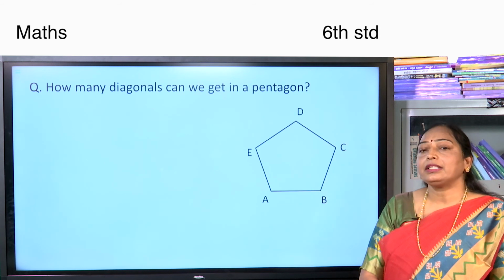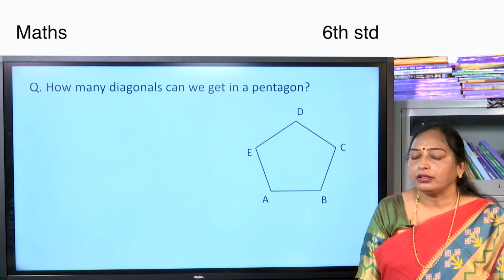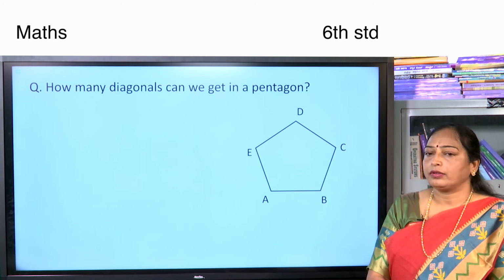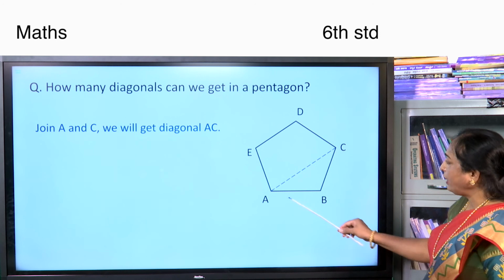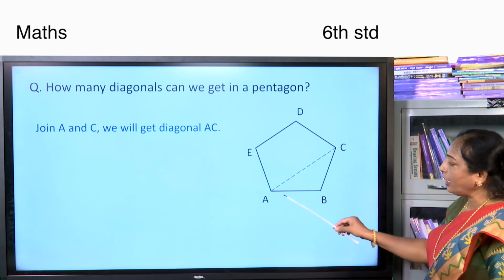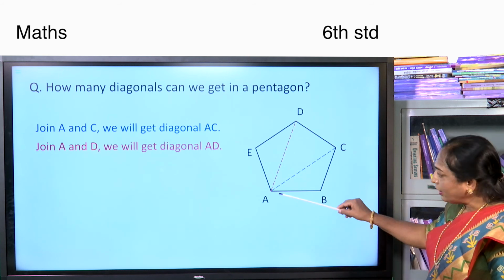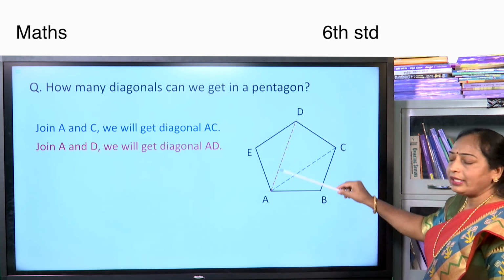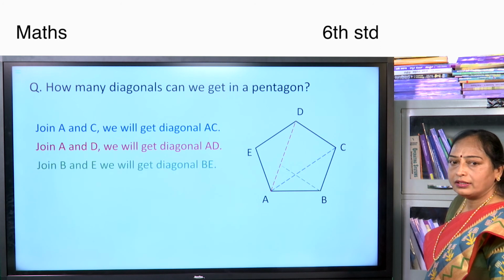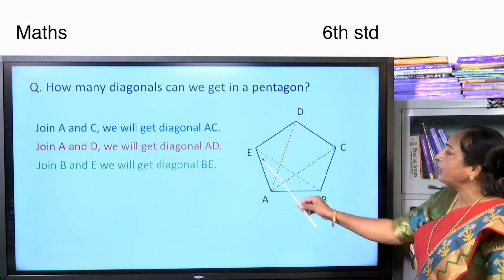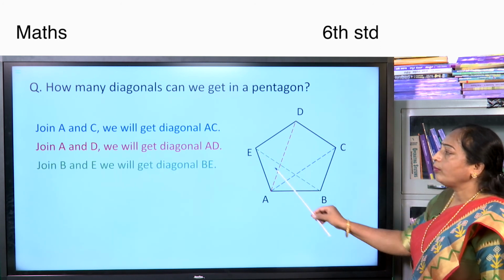How many diagonals can we get in a pentagon? Let's see now. Join A and C, we will get the diagonal AC. Next, join A and D, we will get the diagonal AD. Join B and E, get the diagonal BE.